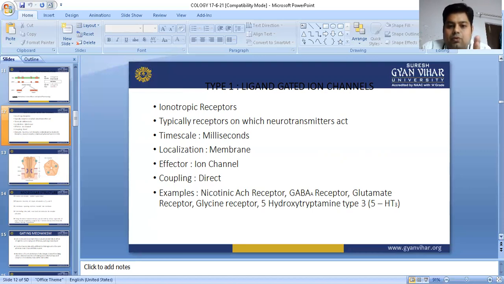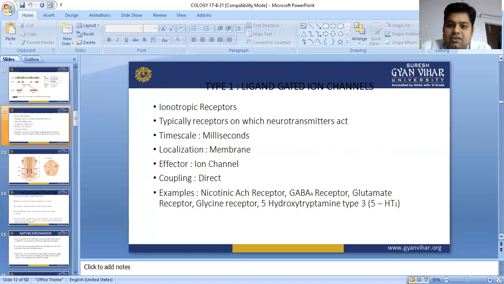Among serotonin receptors there are 7 types, 5-HT1 to 5-HT7, but only 5-HT3 is a ligand gated ion channel. All the rest are G protein coupled receptors.